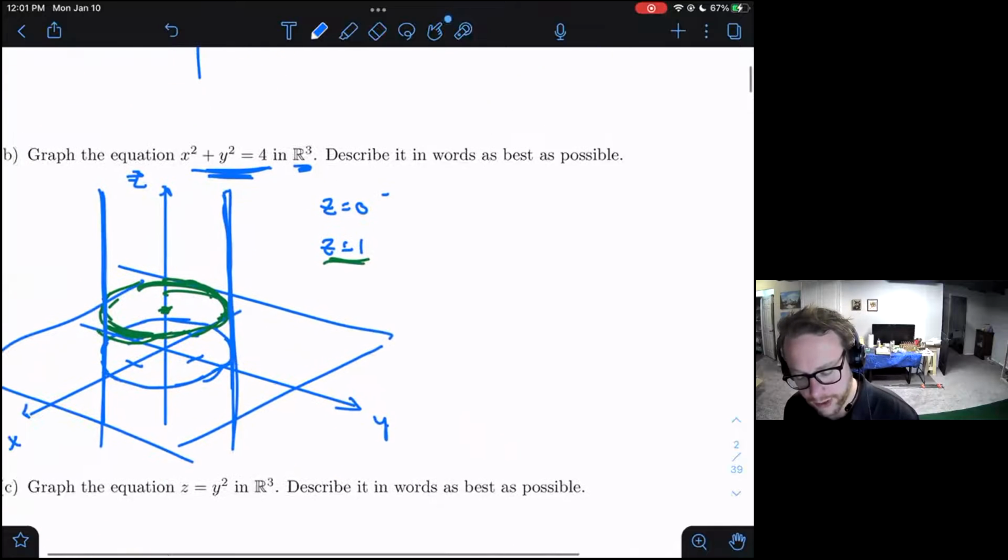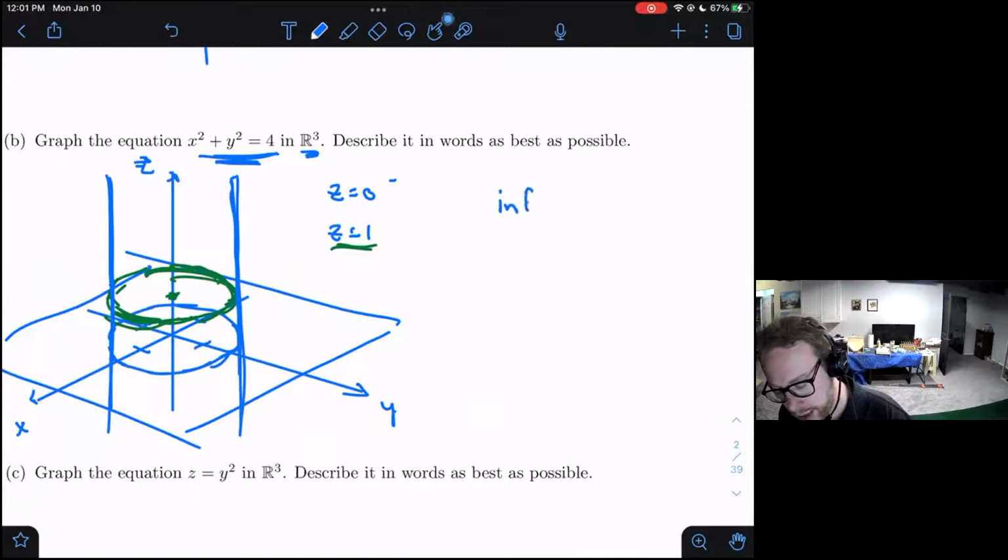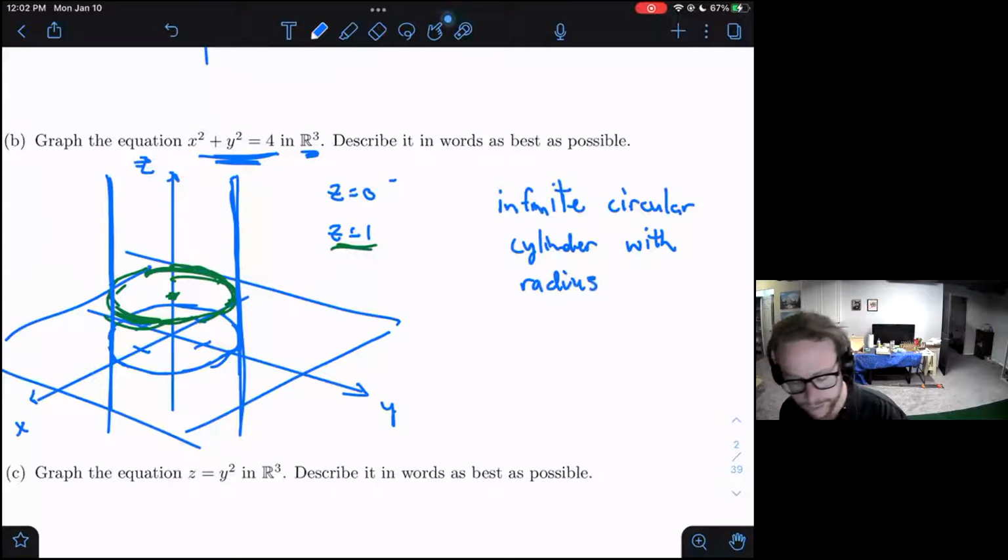So for this, I'm going to say it's an infinite circular cylinder with radius 2 opening in the z direction.